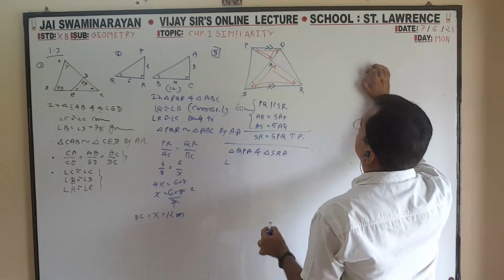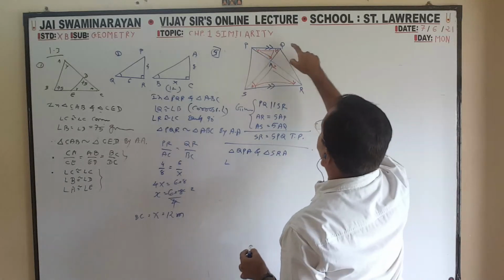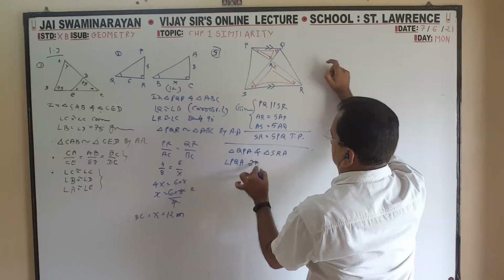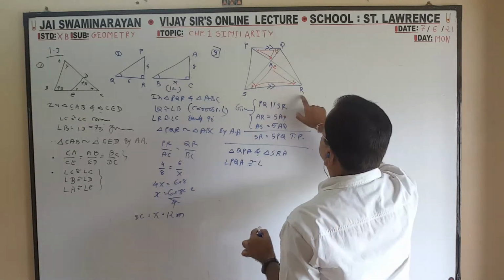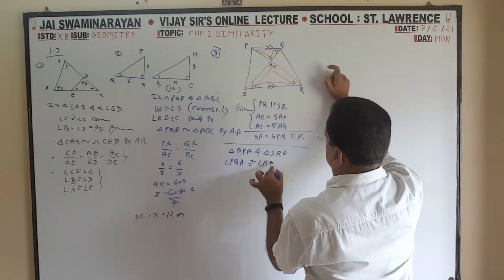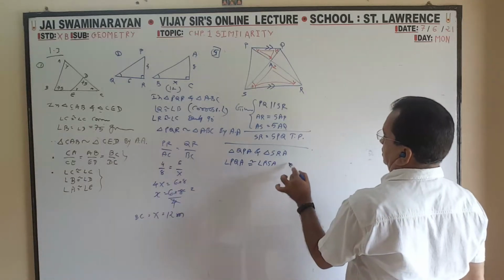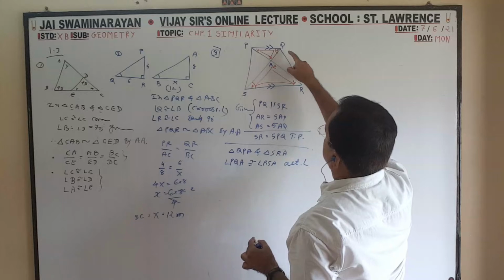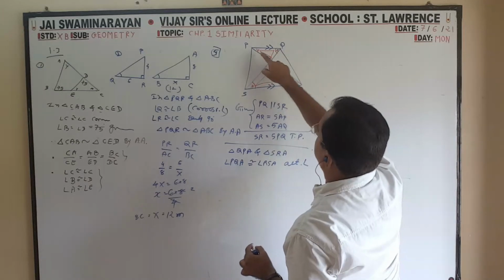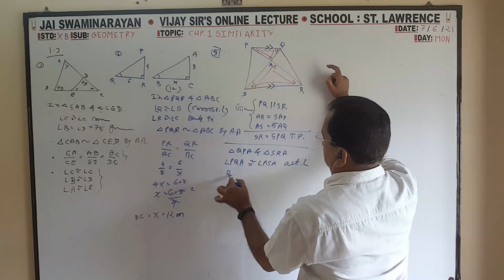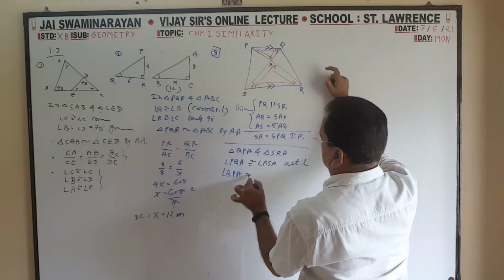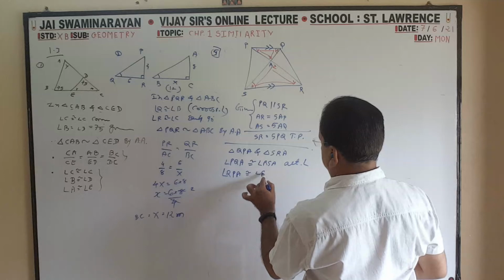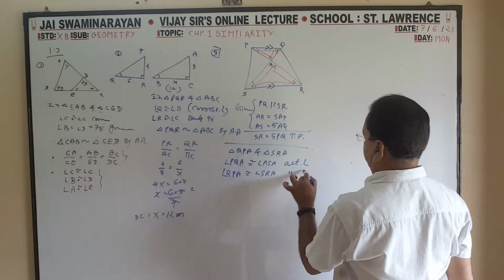Now, angle PQA congruent to angle RSA, alternate angle. X, X written. Now Y: angle QPA congruent to angle SRA, alternate angle.